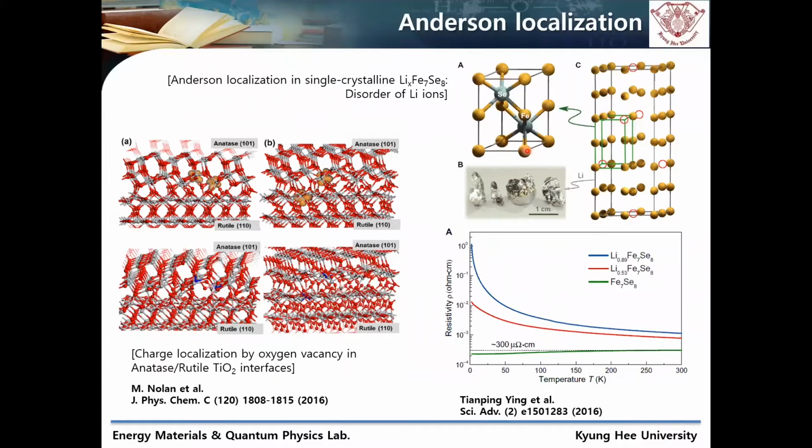Also, the crystal structure of iron selenide is this tetragonal structure. But when we think about lithium doping, which is basically electron doping, it generates strong charge localization with a huge electrical resistivity increase. This is due to the charge localization by the lithium ion.